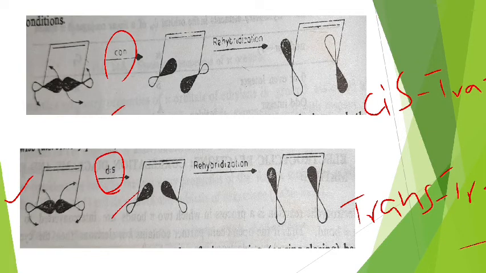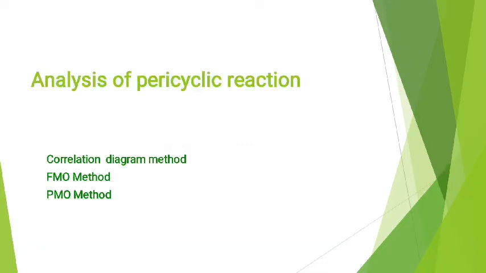So now the question is which type of rotation takes place. If we get the answer, then automatically we know which type of product is formed. For this, there are three important methods of analysis of pericyclic reactions.